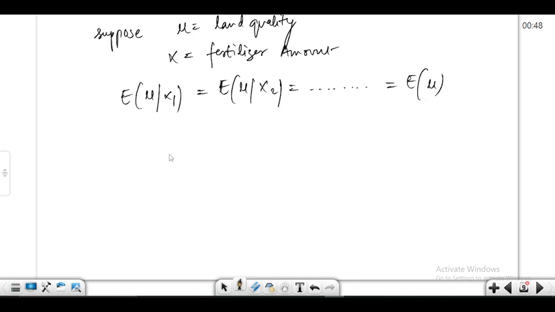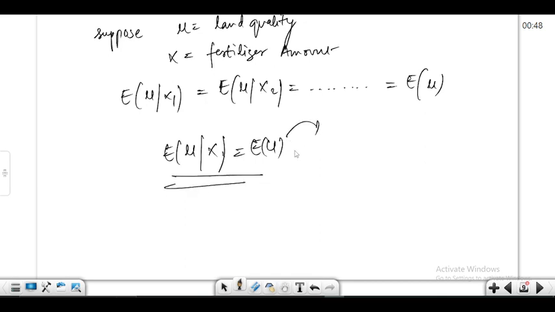Now I know that the expected value of u given x is equal to the expected value of u. I have assumed, and already know, that it is equal to 0, from the assumption I had made for the entire population.